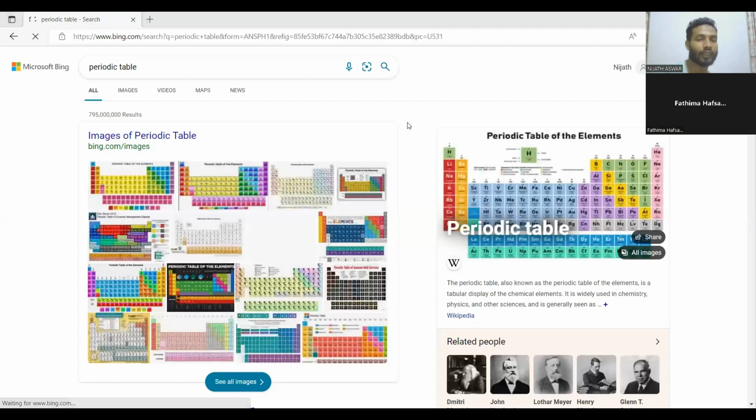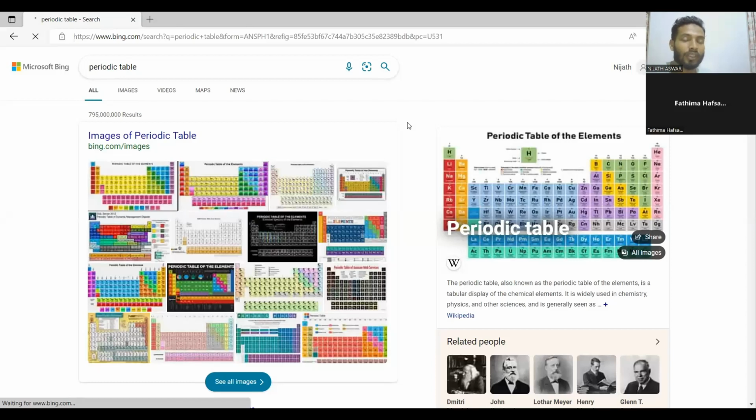These are the modern periodic table. Right. Who is the founder of the modern periodic table?